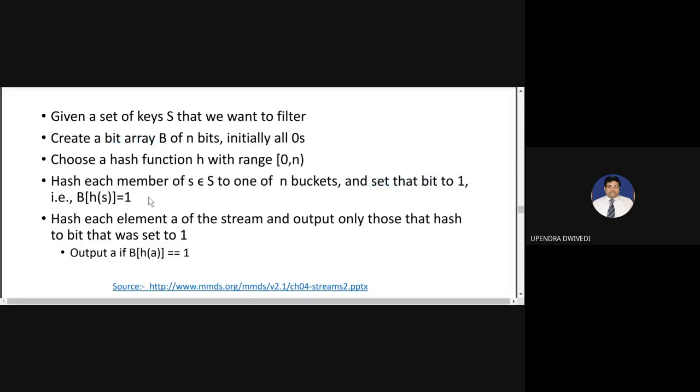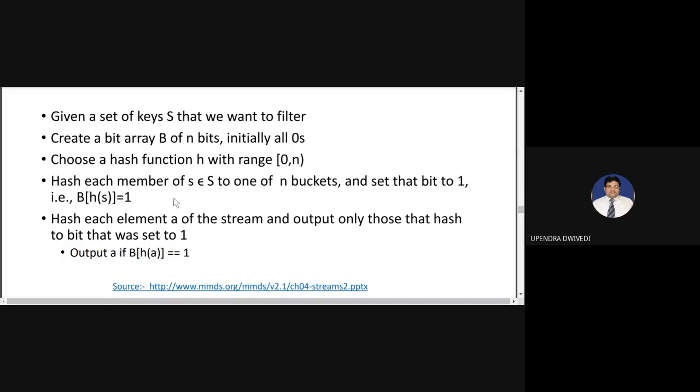B of h of s will be inside the range 0 to n, since when we apply the hash function on s it can be any value between 0 and n. Suppose it is a 6. So B of 6 equals 1. In the bit array, the sixth location will be set as a 1. Earlier it was set as a 0.